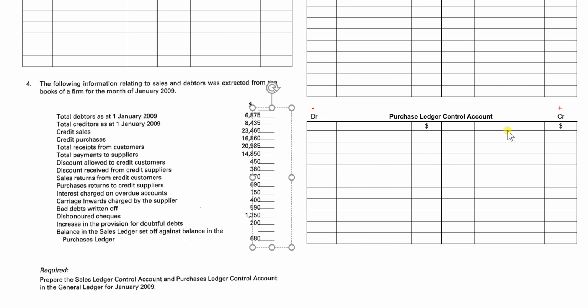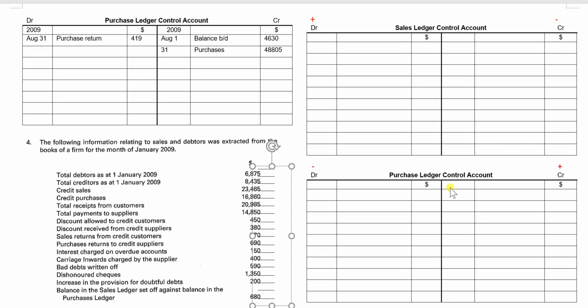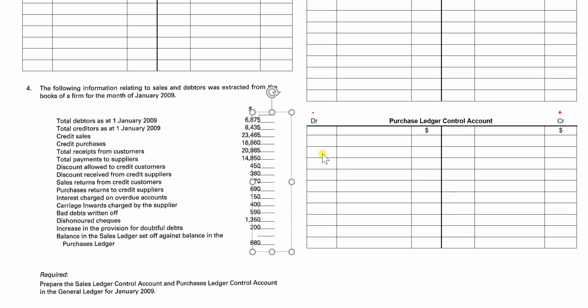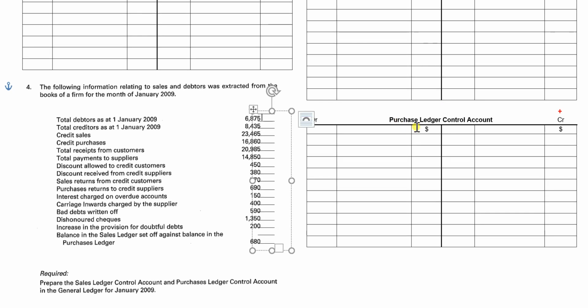So as usual, when we get the question, first of all, we identify which of these entries should go to which account. Is it to the sales ledger control account or is it to the purchase ledger control account? So we will write D to signify it goes to the sales ledger control account, and we will write C to signify that it will go to the purchase ledger control account, okay?